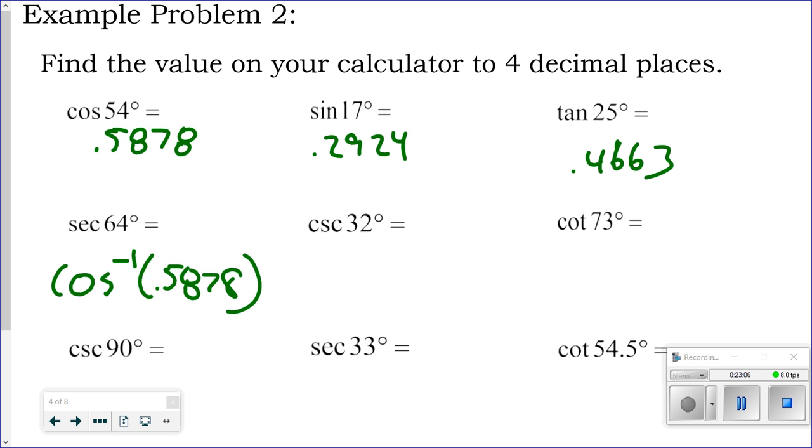Those are inverse trig functions, and they're undoing, like the difference between squaring and square rooting. They're the undoing of each other. If you take the inverse trig function of the ratio, it gives you the angle.